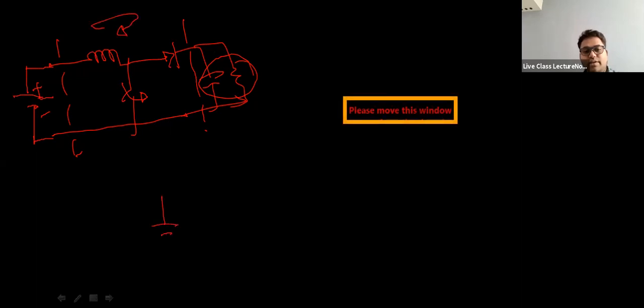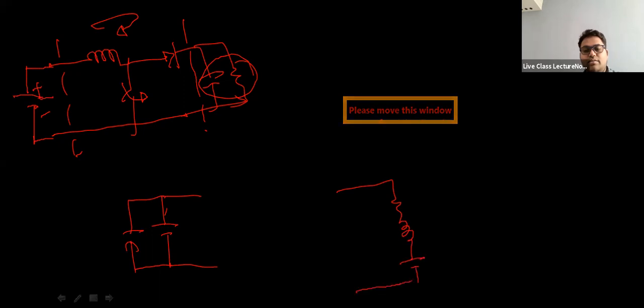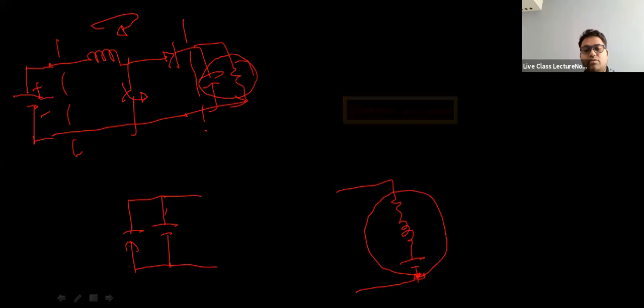So what I will have is one source along with a capacitor. Then I will have this boost converter flipped, and I will have this RLE load.